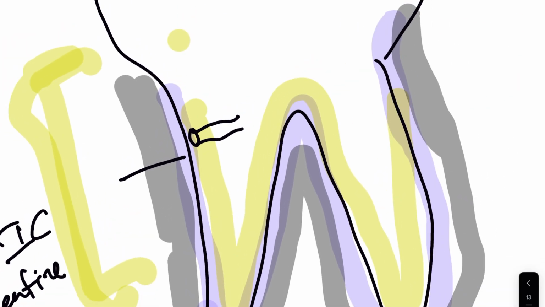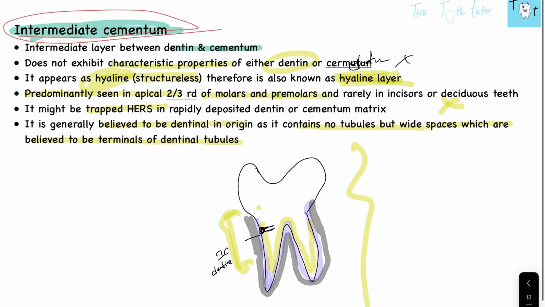Intermediate cementum is mostly considered of dentinal origin because, although there are no tubules present, we can see these open wide spaces, the terminals, meaning the endings of the dentinal tubules, inside the intermediate cementum over here. So they are considered to be of dentinal origin mostly.